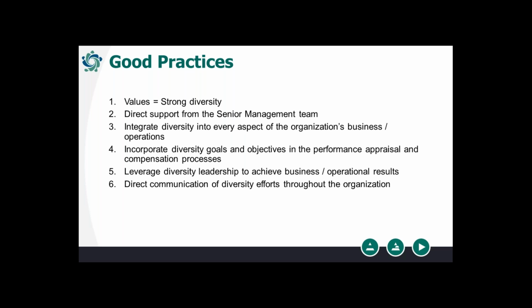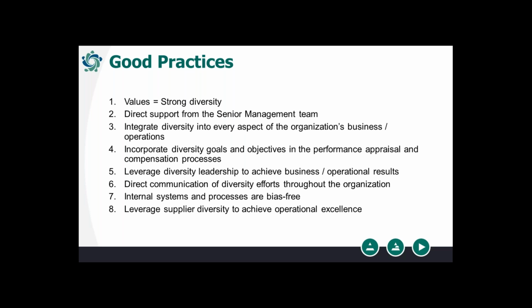Communication I've talked about, and celebrating successes. Number 7 is important, and some of you may have already done this. You've gone through your internal systems and processes and ensured that they're free of any bias, anything that could discriminate against diverse employees and or customers and suppliers.